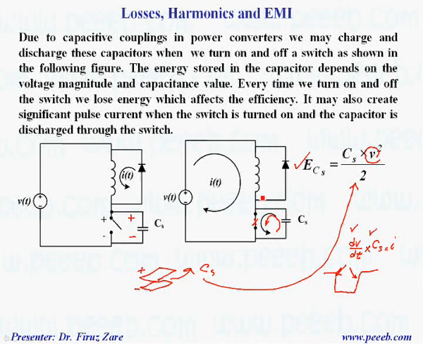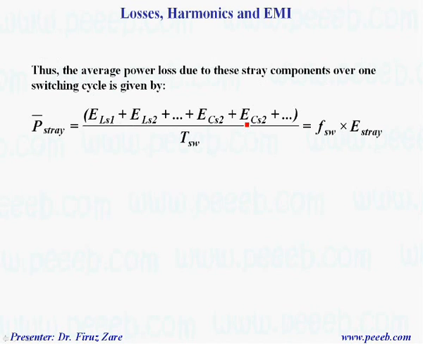Finally, the average power loss due to these stray components over one switching cycle is given by this equation. So this is the average power loss if we have multiple current loops. So we have these losses due to stray inductances and stray capacitance.